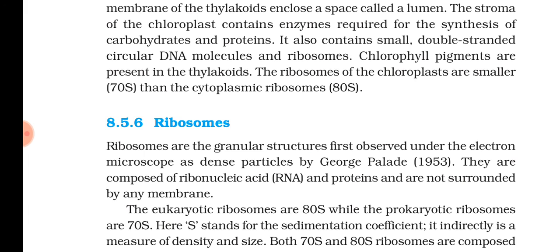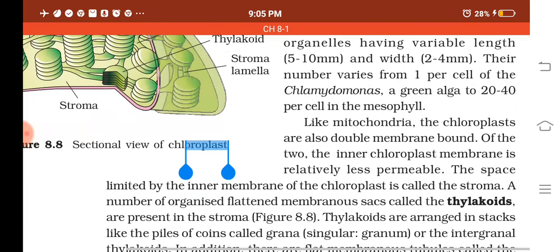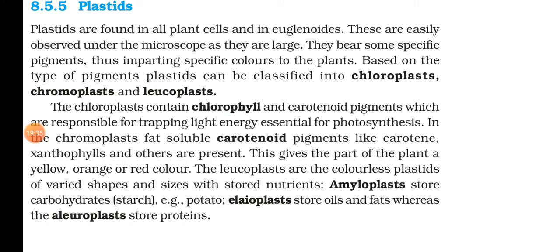Then there are different kinds of plastids like chloroplast, chromoplast and leucoplast, depending upon the type of pigments in them. And leucoplasts are what? Colorless plastids, and they are of different types like amyloplast, elaioplast and aleuroplast.